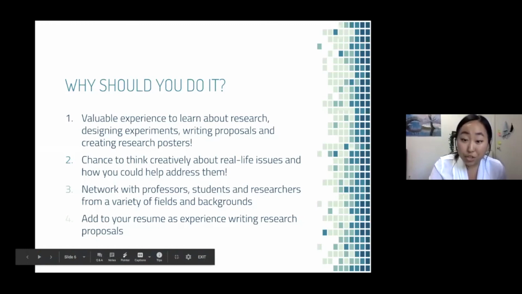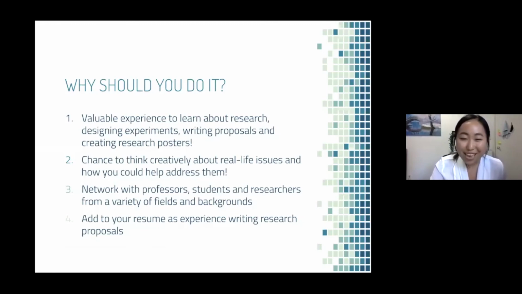So why should you do it? Well, there are so many different reasons. First, it's a great way to experience and learn about research, design experiments, write proposals, and create research posters. And I really do want to emphasize that you do not need any research experience to join. We will be helping you every step of the way.